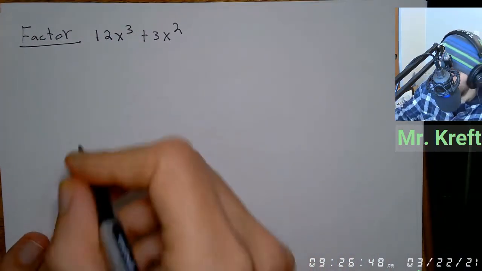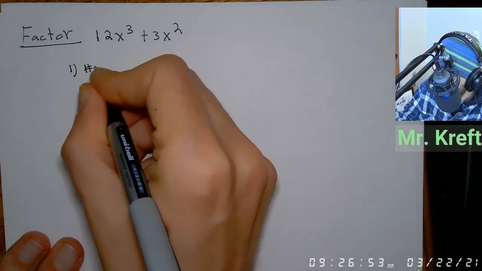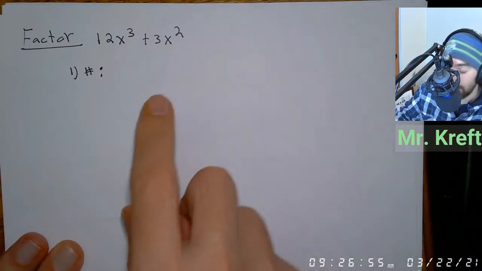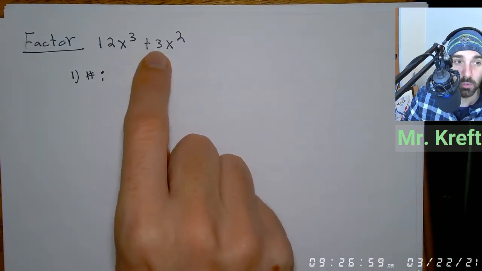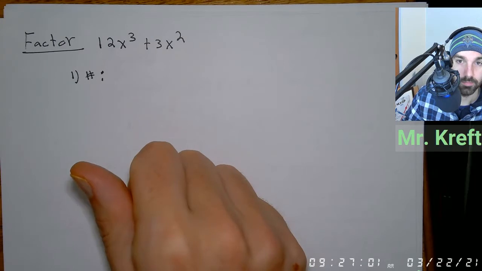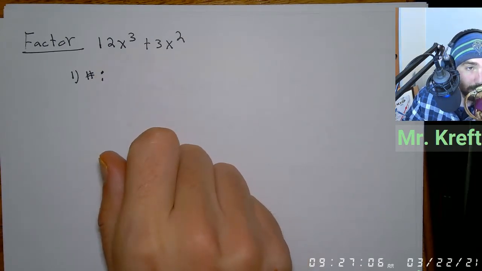So we're going to have 2 steps here. Number 1, we want the number. What's the biggest whole number that goes into 3 and 12? What number divides into both those numbers?